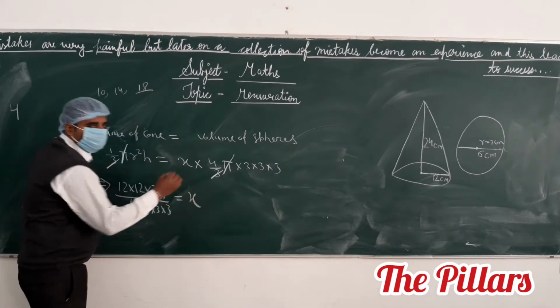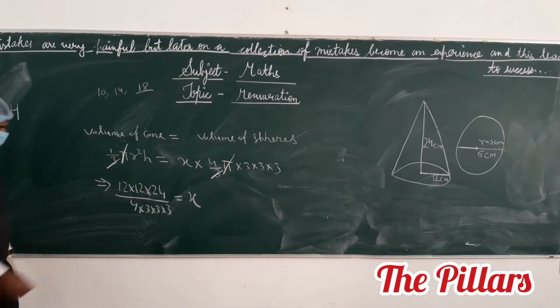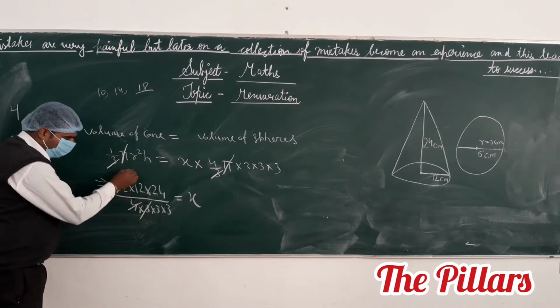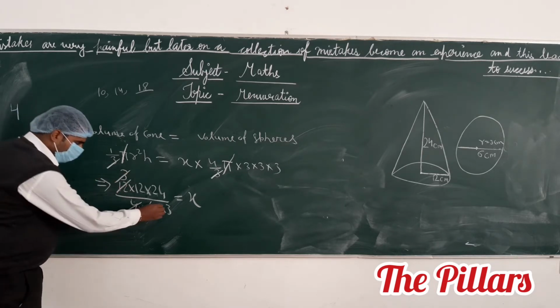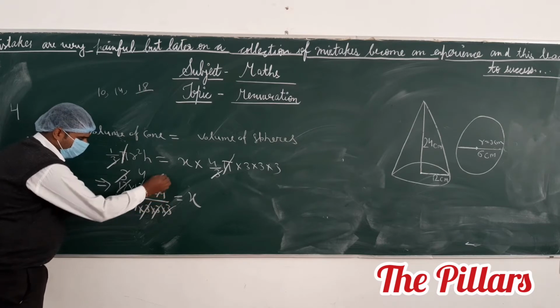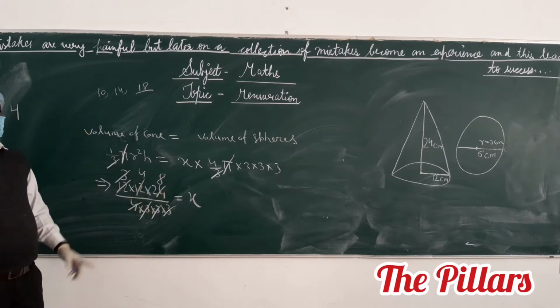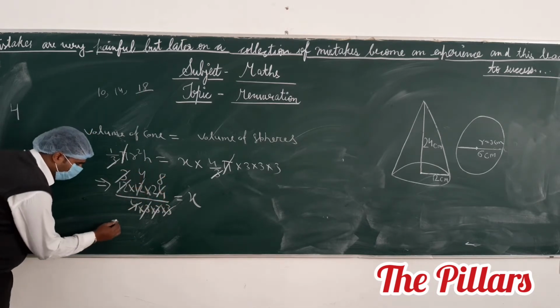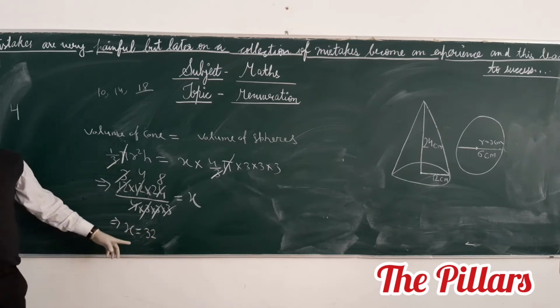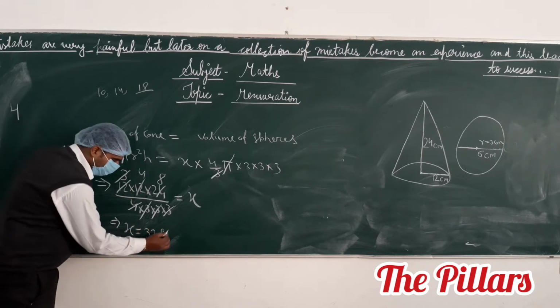This will equal x. 4 threes are 12, 3 ones are 3, 3 fours are 12, 3 eights are 24. And the number of spheres equals what? 32 spheres.